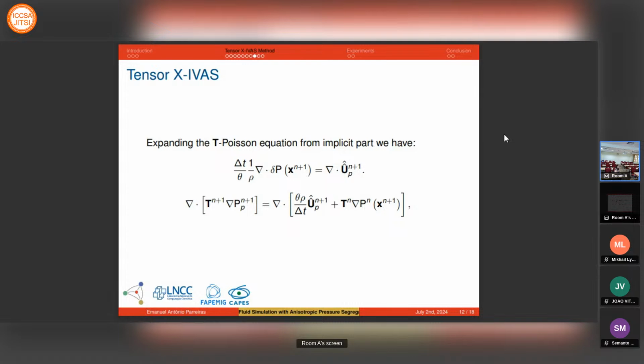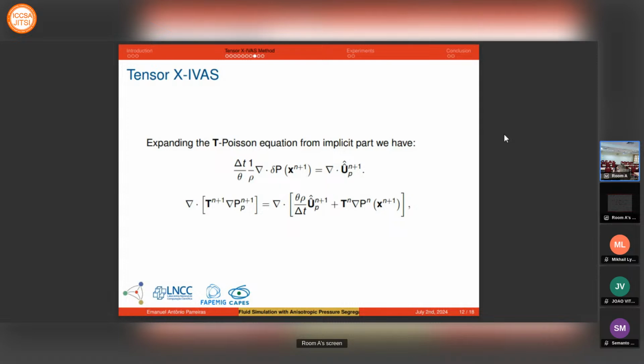This is a partial differential equation, but we can approximate it as a linear system of equations using finite differences, finite volumes, finite elements, or all types of methods. But in this work, we focus only on expanding all the equations and solving only the pressure step.